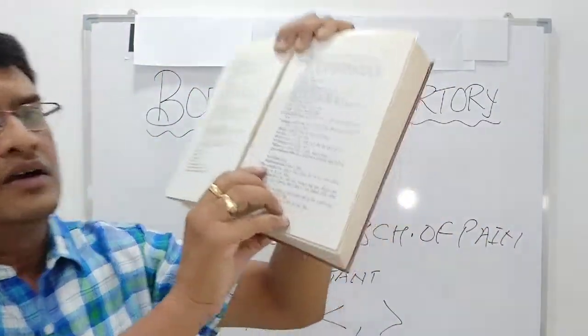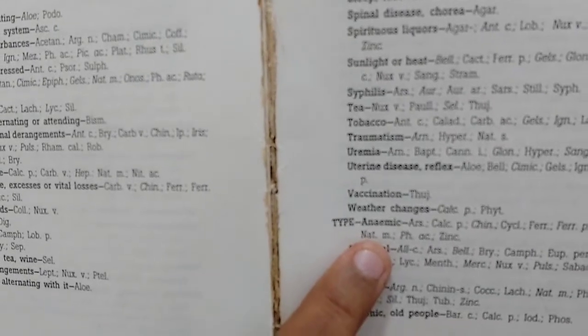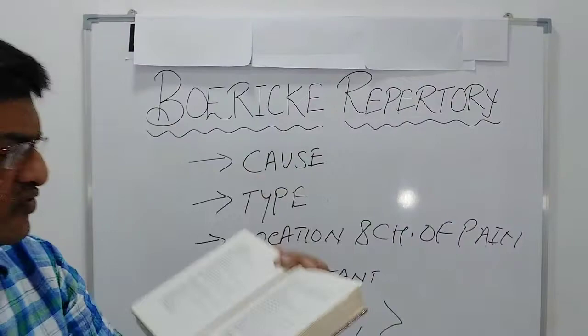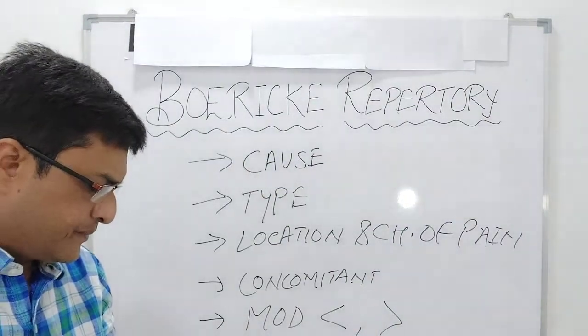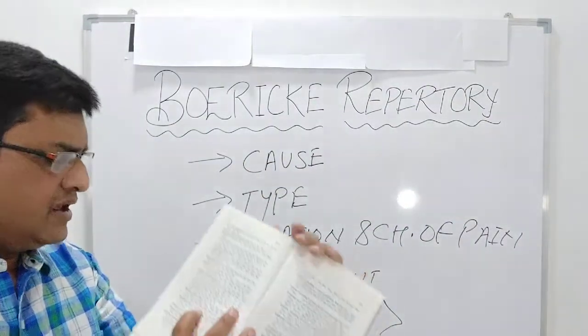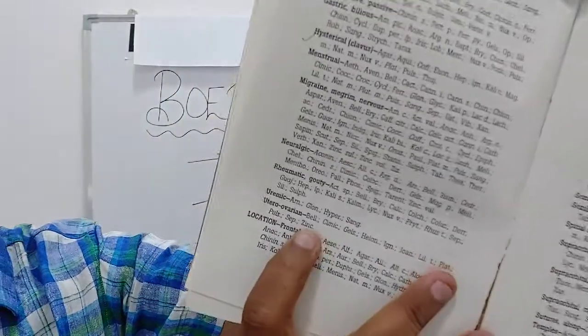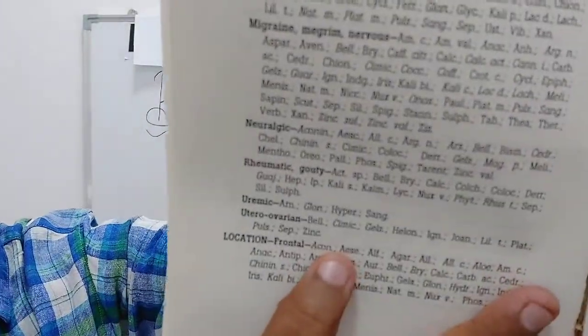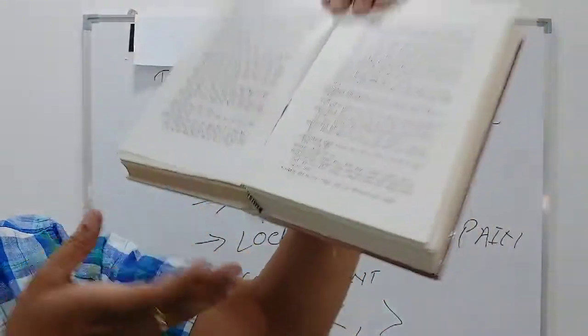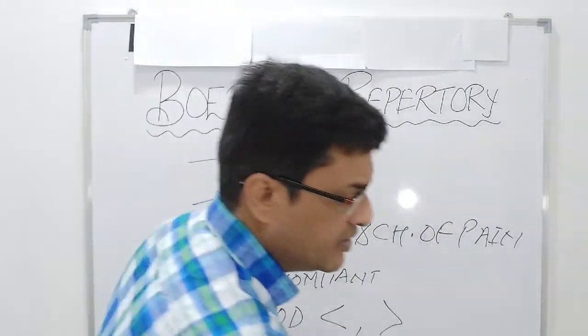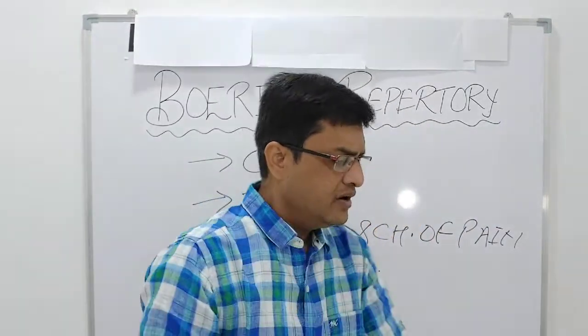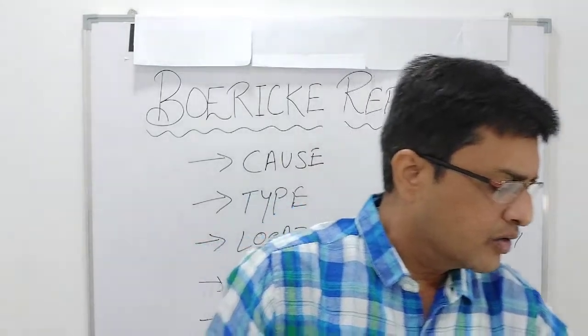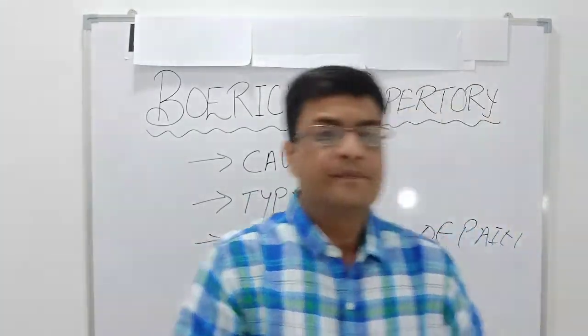Ahead, the type is given. Next we will see location, which you can see on the next page. So it is divided into cause, type, location, character of pain, concomitant and modality.